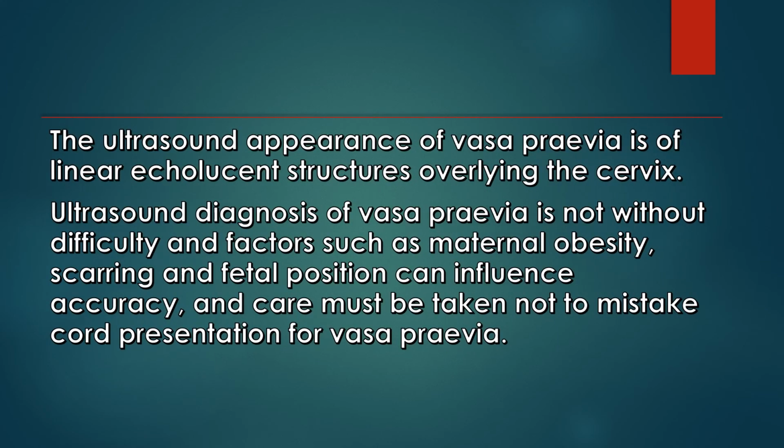The ultrasound appearance of Vasa Previa is of linear echolucent structures overlying the cervix. Ultrasound diagnosis of Vasa Previa is not without difficulty, and factors such as maternal obesity, scarring, and fetal position can influence accuracy, and care must be taken not to mistake cord presentation for Vasa Previa.